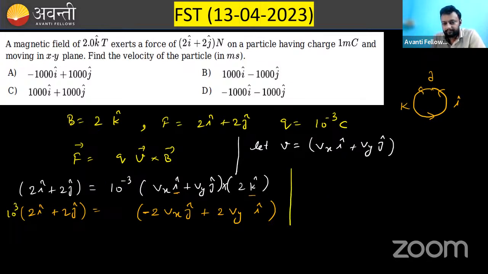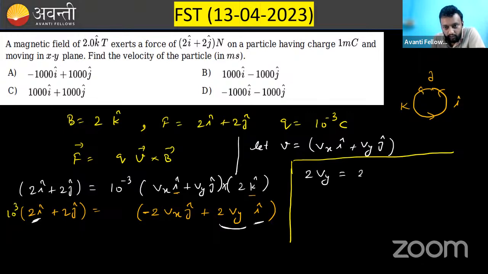Now compare both the sides. If I compare both the sides, you can say that the component of I cap is 2Vy. And I cap component here is 2 into 10 raised to power 3. So I will compare the components of I cap. That means 2 times Vy is equals to 2 into 10 raised to the power 3.